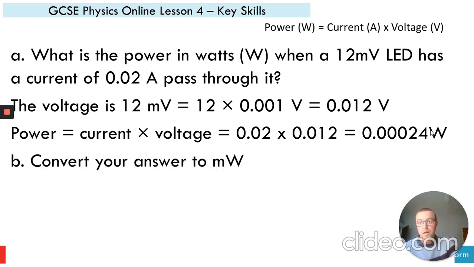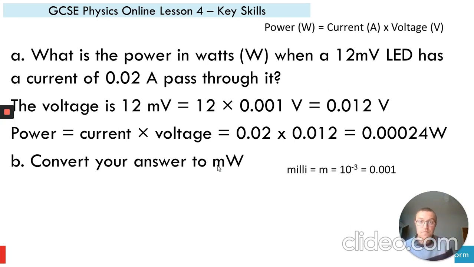Part B, convert your answer to milliwatts. Okay, we've got 0.0024 watts, and they're asking for it in milliwatts. We do it in the same way as we did the last couple. A milli, the small m, so don't get confused. A small m with no prefixes does just mean a meter.